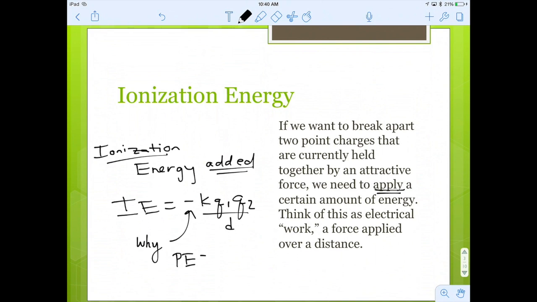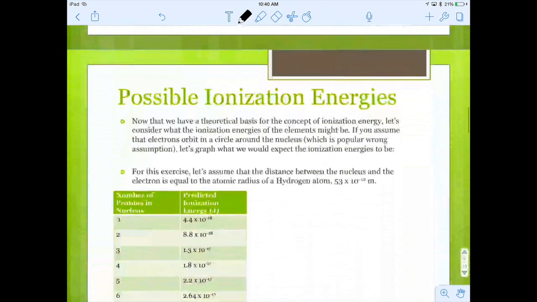It must be because if we look at the potential energy formula, which was K, Q1, Q2 over d, every time we have an electron in our formula, that electron is going to be negative, which will make our potential energy negative. So if we want to describe our energy as being added, we'll put a negative sign in the ionization energy formula so that the answer will end up being positive.